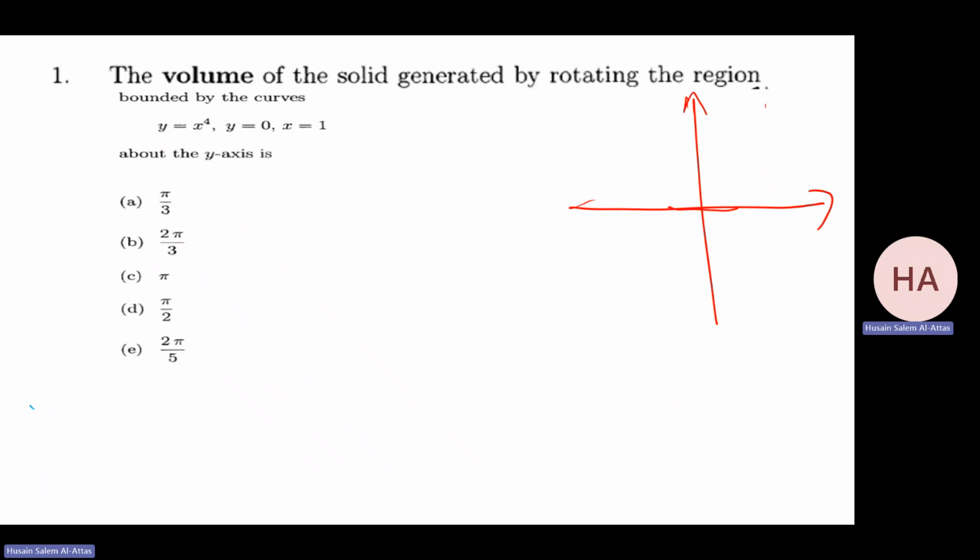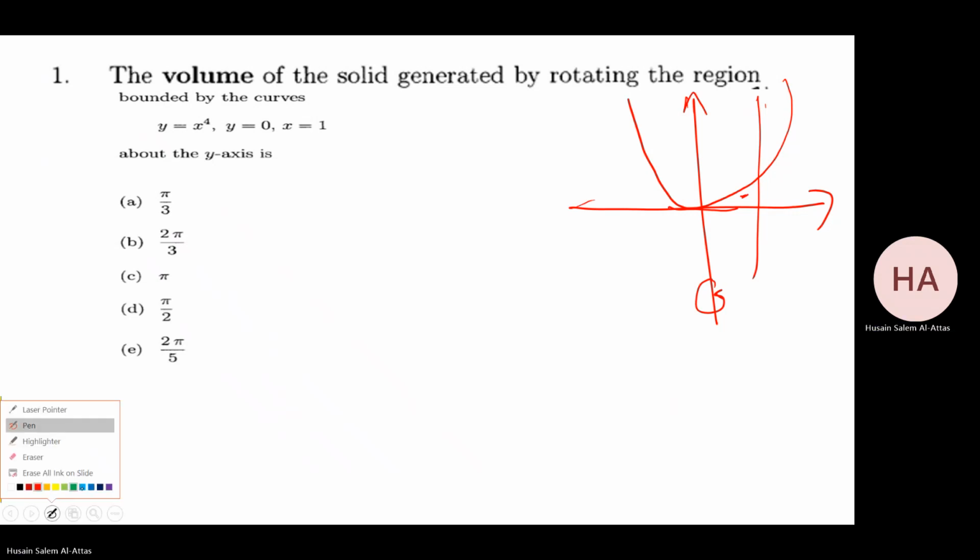And something about this relation, and revolution about the y-axis. That would be my line.